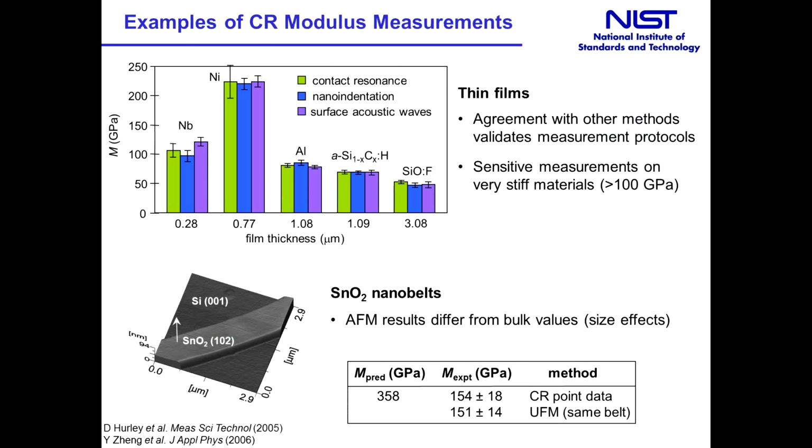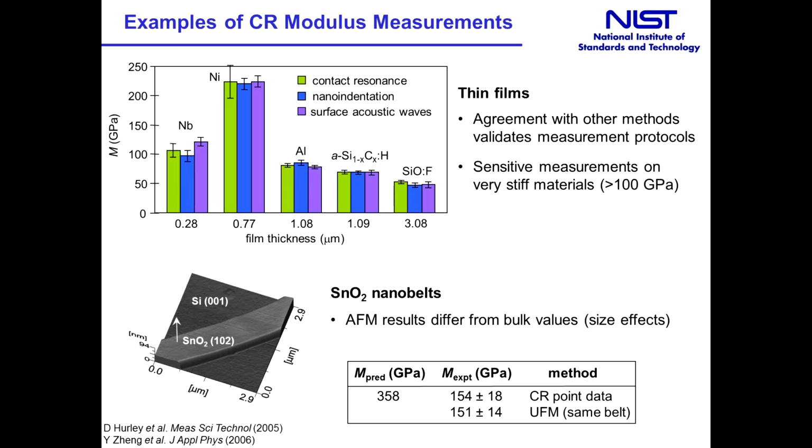Here are some modulus measurements made with contact resonance. The bar chart shows measurements made on a series of thin supported films. You can see that the film thickness ranged from a few hundred nanometers to a few micrometers, and the film modulus ranged from about 50 gigapascals for a fluorinated silica glass to over 200 gigapascals for a nanocrystalline nickel film.